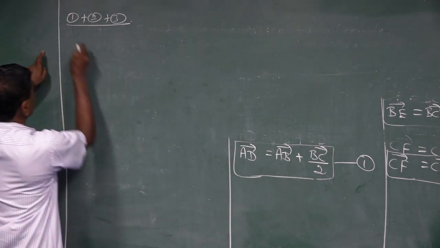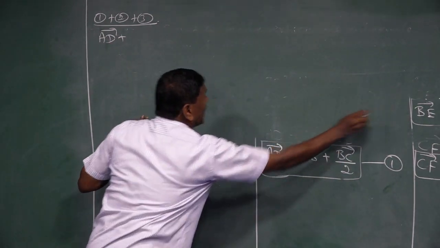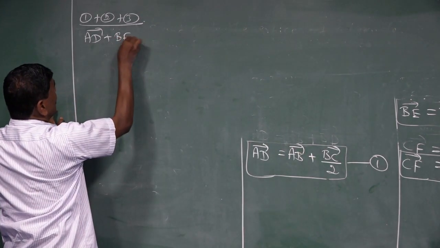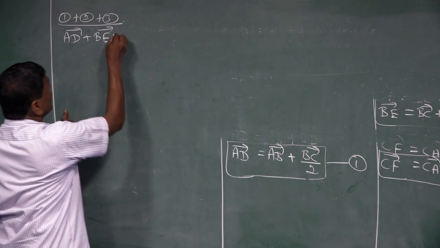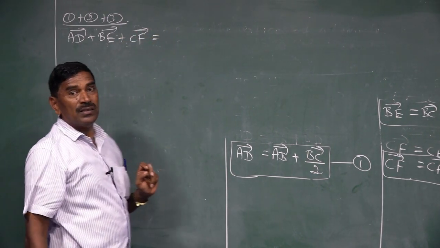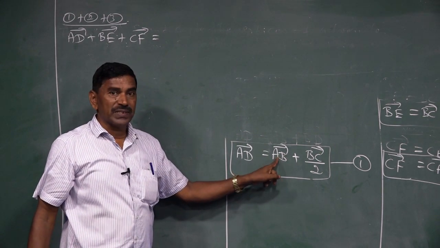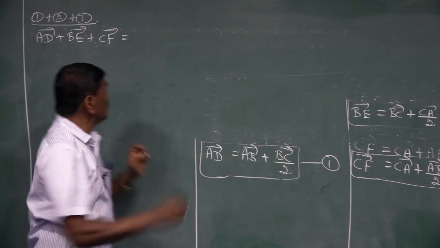First, AD vector plus BE vector plus CF vector, which is equal to the sum of the RHS. What is the first term? AB vector plus BC vector by 2.